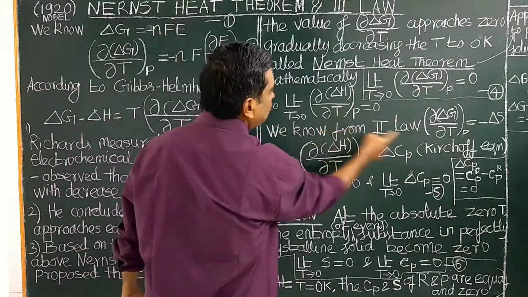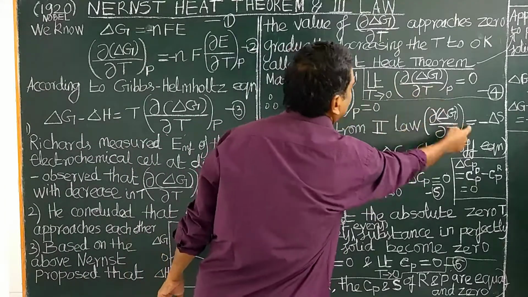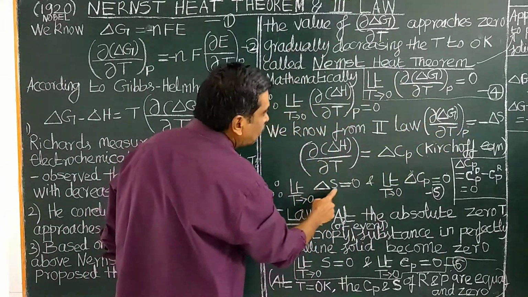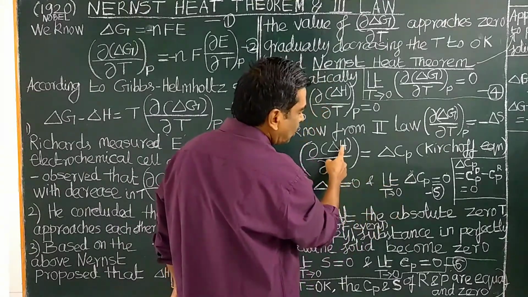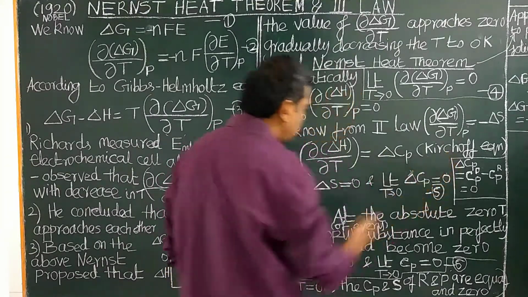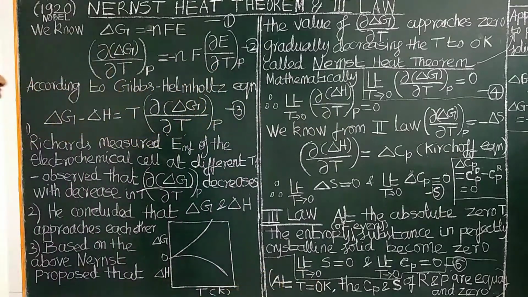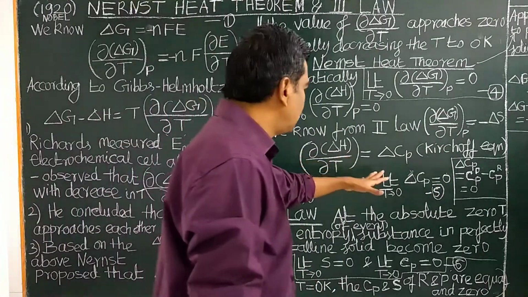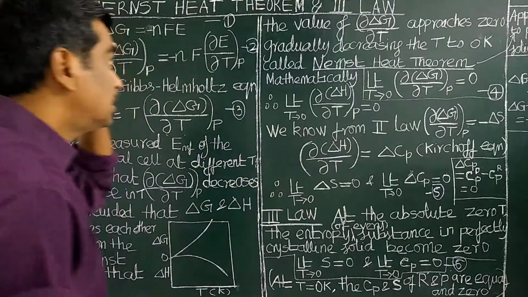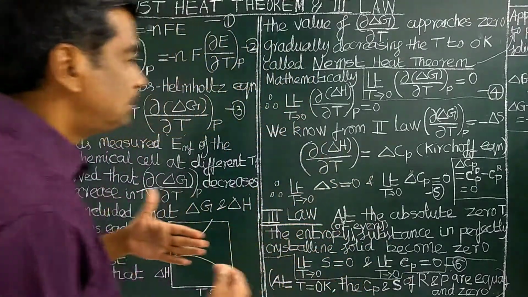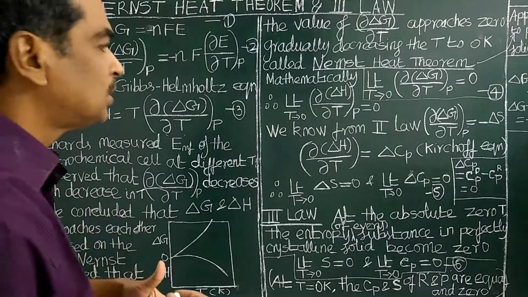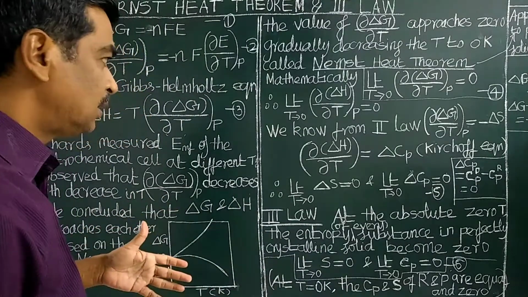On substituting, limit T tends to 0, delta S equals 0, and limit T tends to 0, delta Cp equals 0. Based on the above Nernst heat theorem, the third law of thermodynamics was enunciated.